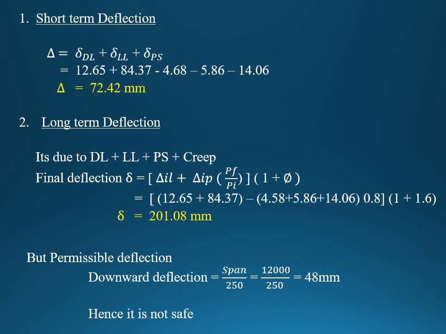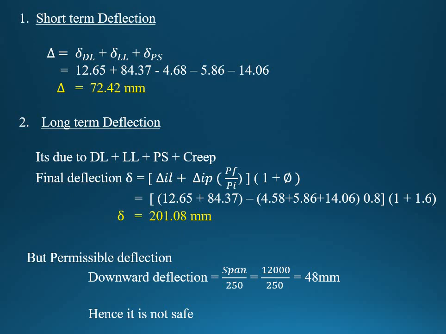You just observe this deflection value and this permissible deflection value. Here the permissible itself was up to 48 mm, but how much have we got? We have got around 201, 72.42 mm and so on. So it is not at all a safe structure.